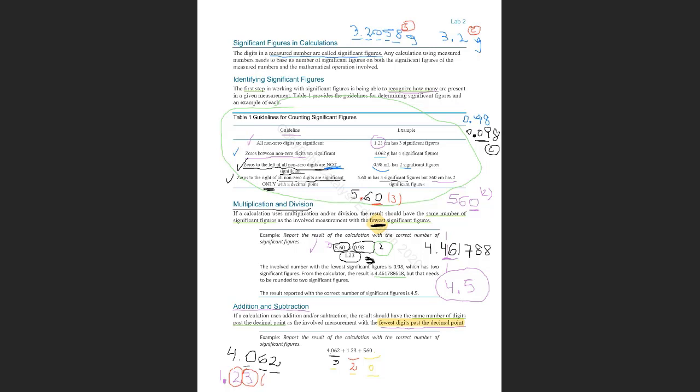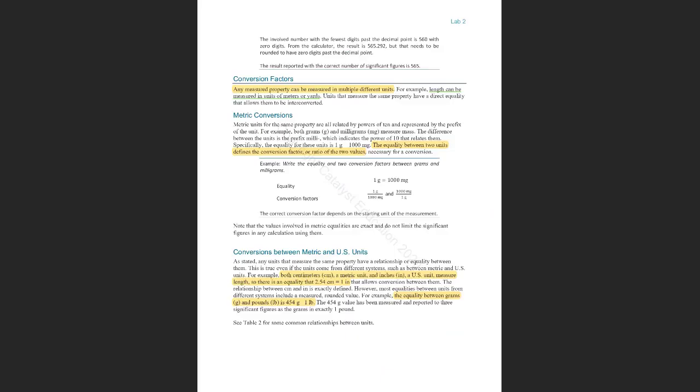So then let's look at the next page here. They say that the involved number with the fewest digits is 560, exactly what we said before, with 0 digits. And from the calculator, we get this number.